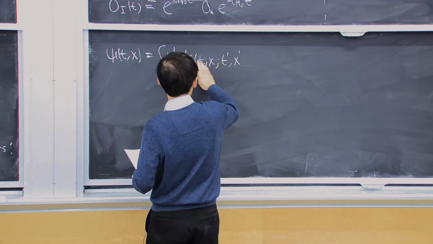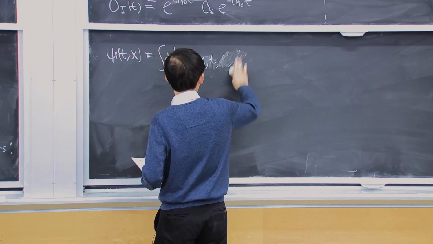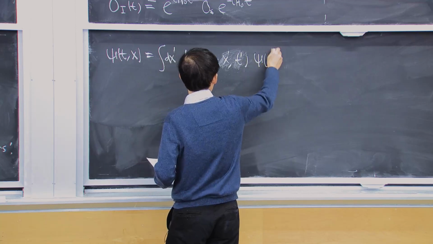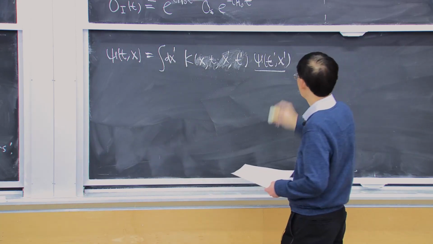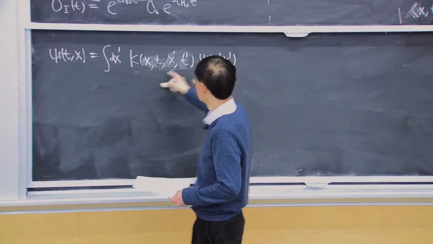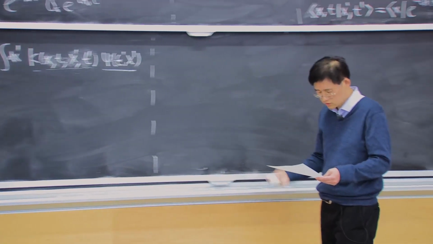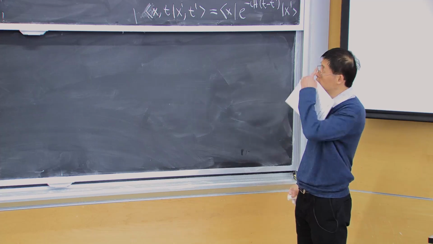I think I changed the order, so just to be consistent with the order I wrote there. So if you know the wave function at t prime, then by integrating this, you know the wave function there. So knowing this object is equivalent to solving the system.